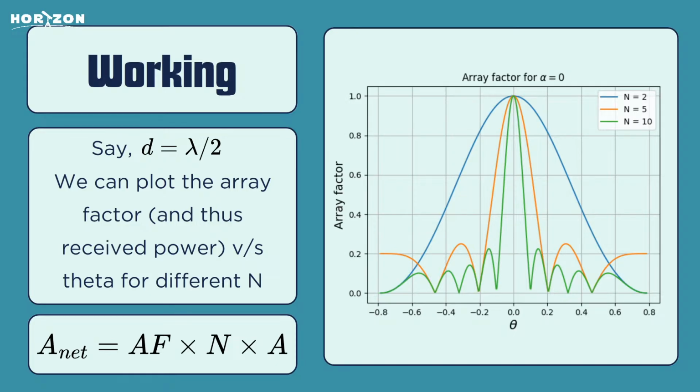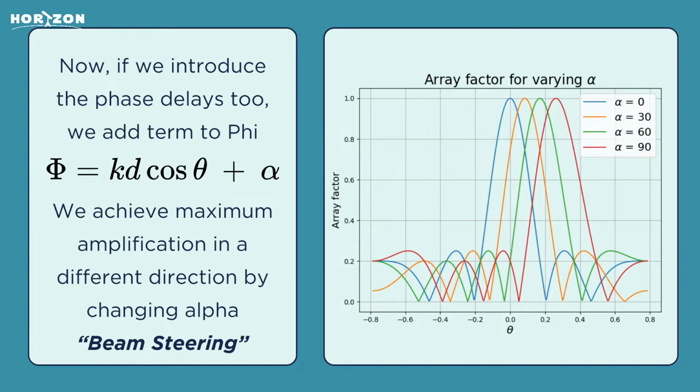So now we have created very highly directive antennas, but the other problem still remains: how do we steer these beams? Now comes the electronically controlled phased array part.